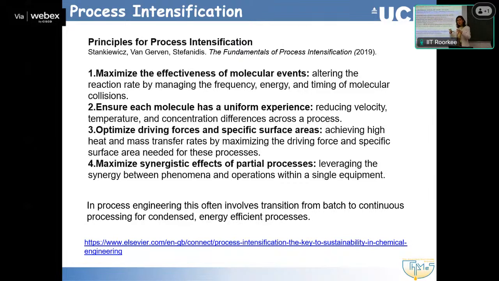When we talk about using small channels, or small equipment, for process intensification, in most of the times, this implies a transition from batch to continuous processing, which is also a different way of trying to design our processes. A lot of the processes in traditional chemical engineering, you might have seen all this.